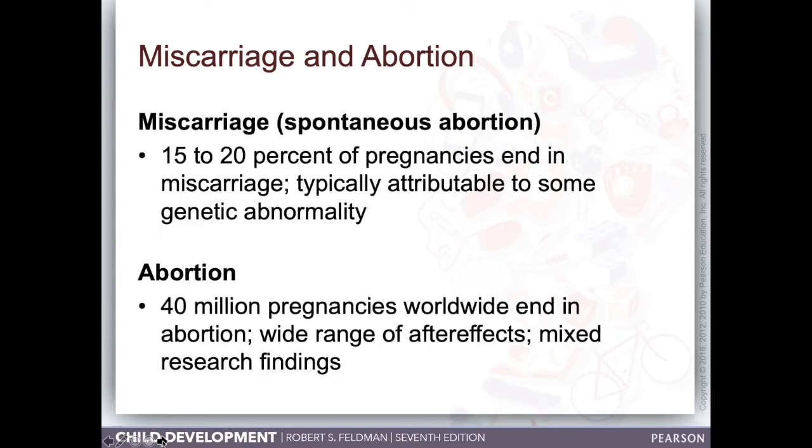It's actually much more common than you might realize. 15 to 20% of pregnancies end in a miscarriage, and it's usually attributable to some genetic abnormality. It doesn't necessarily mean that's the case. Sometimes pregnancies just don't stick, and they call them non-viable pregnancies.